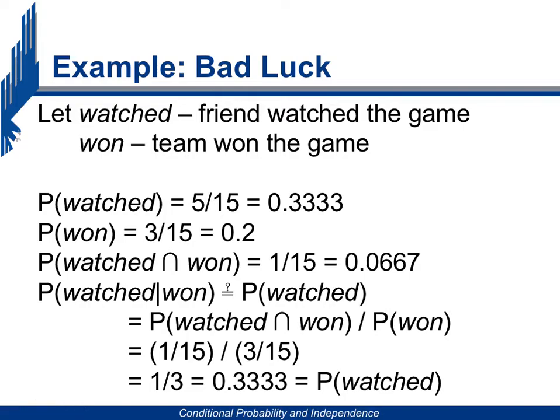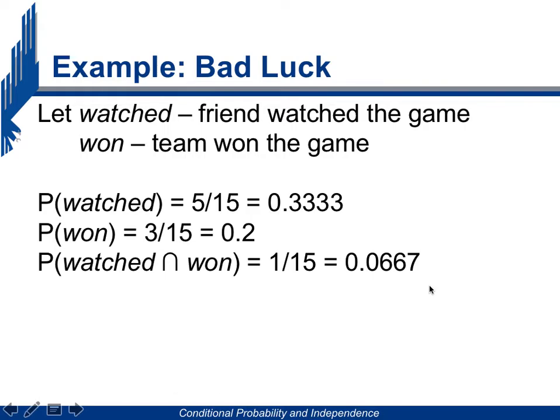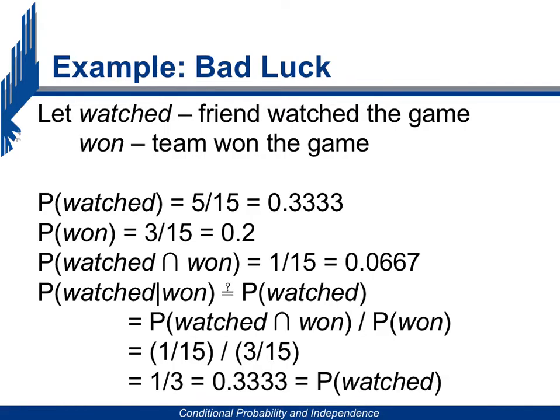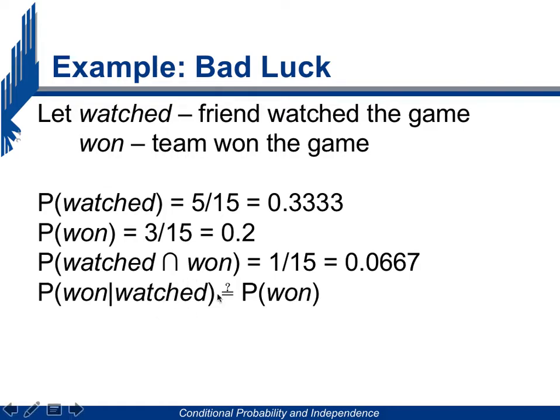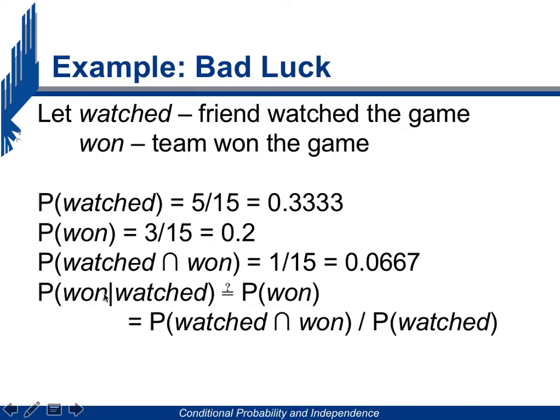Now, you can also show independence using the other equation. Instead of computing for watched given W, you can compute for P of W given watched and then compare that to the probability of W. And here, the probability of W given watched is computed by, again, dividing the probability of the intersection of the two by the probability of watched.